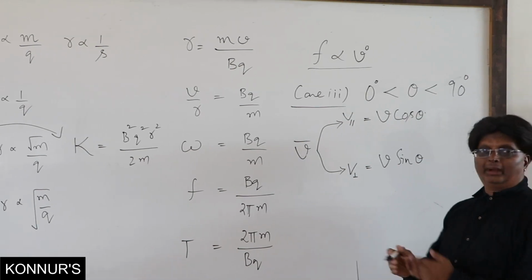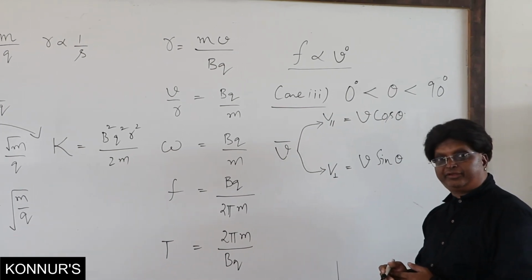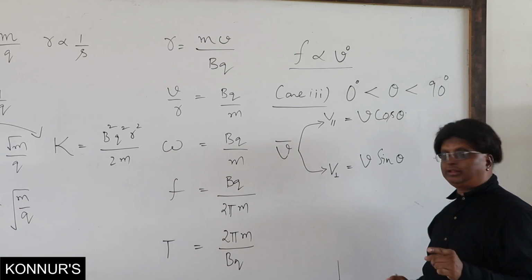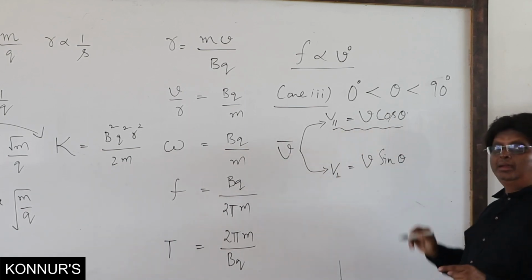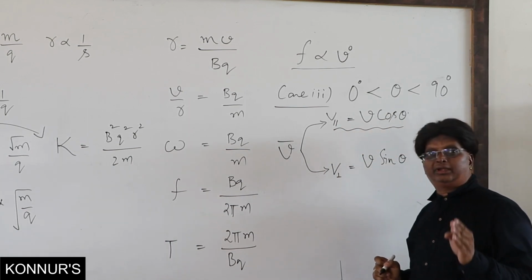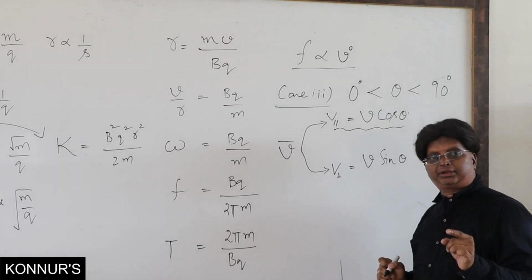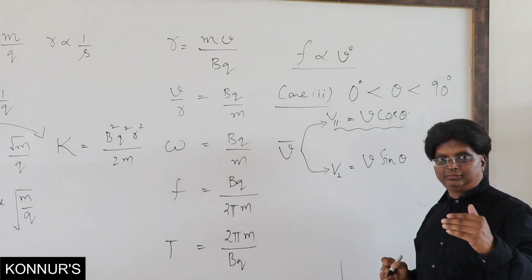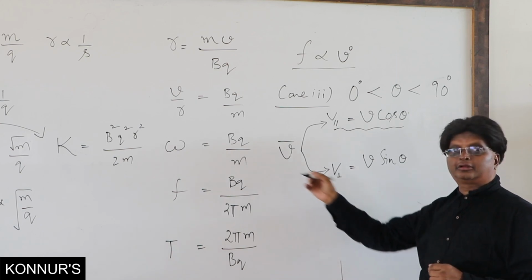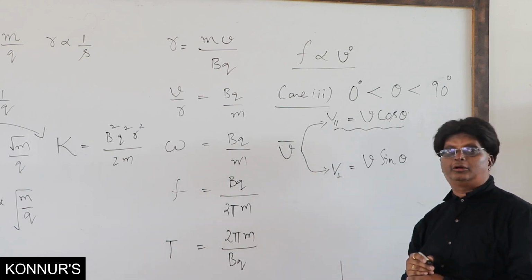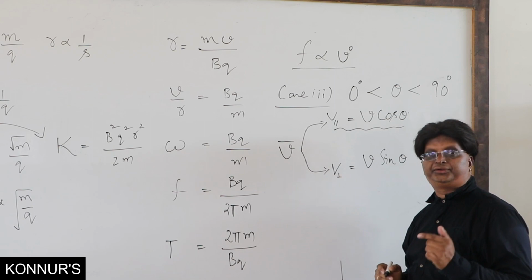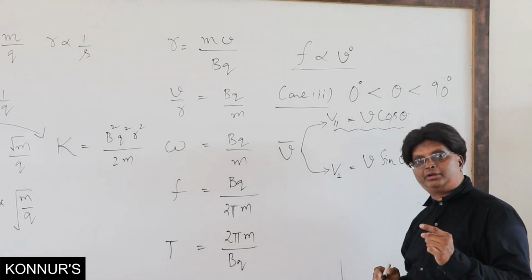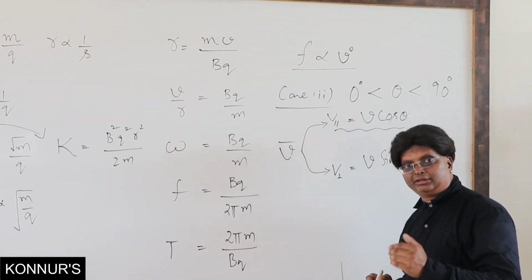Now remember, go back, what was our discussion? For theta is equal to 0 degrees, parallel component of velocity always tends to keep the particle in a straight line. Whereas perpendicular component of velocity, just now we have seen, always tends to make the particle move in a circle.